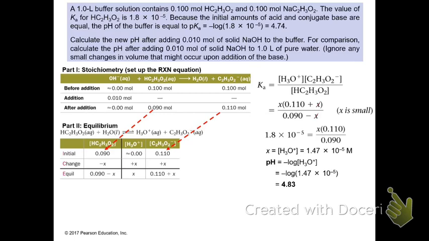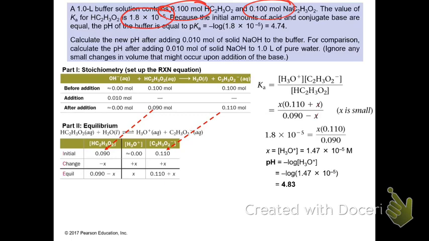So again, this is using the equilibrium approach. We could also just go ahead and use the Henderson-Hasselbalch approach, using that equation. The reason why we can use that is because the Ka value here is a lot less than the amount of the salt and the acid.